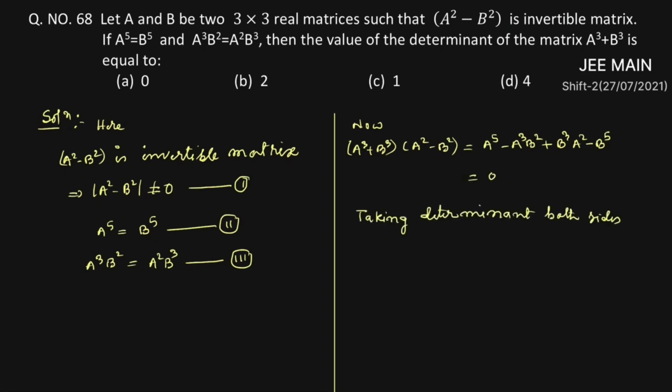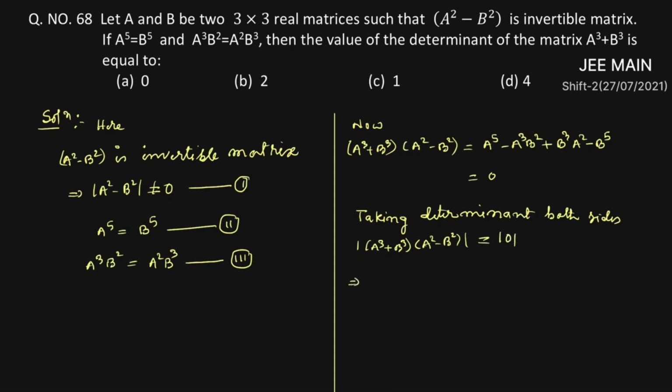Now taking determinant on both sides, we will get determinant of (A cube plus B cube)(A square minus B square) equal to determinant of 0.